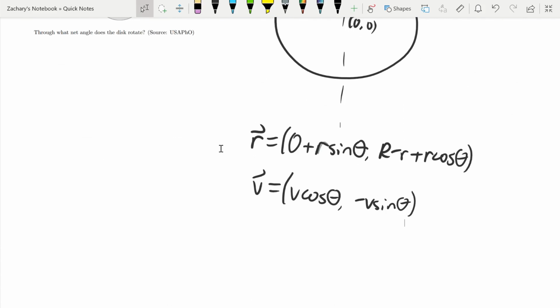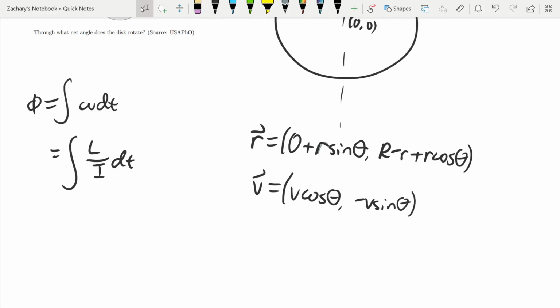Because what we want to find is the angle that the disk rotates. Say the angle is phi. That angle is equal to the integral of omega dt, which is pretty easy to see. Now, what's omega? Omega is just L, the angular momentum, over I, the moment of inertia.